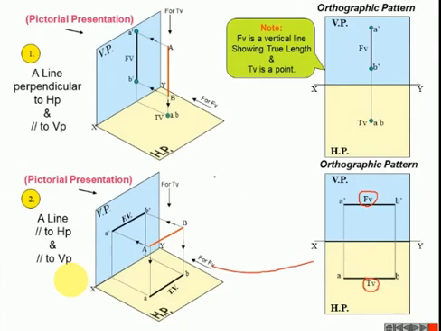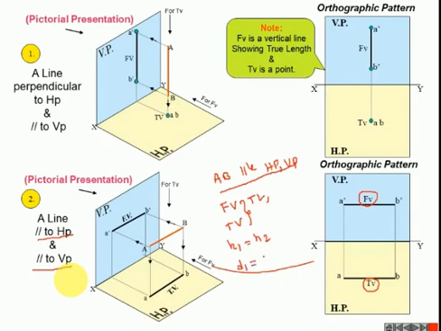So when the line AB is parallel to HP and parallel to VP, we get the front view as a true length and the top view also a true length. Here we need to remember one simple condition: H1 equals H2. Similarly, D1 equals D2.